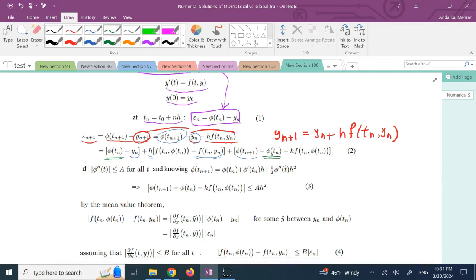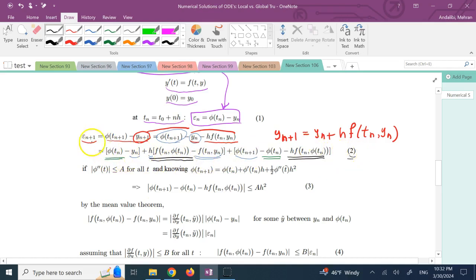Then we also added this term here, which is h times f at tn and phi at tn, and then negative of h times f at tn and phi of tn, right? So we added and subtracted the black and the green terms, and the rest of them, the blue terms, are coming from the top.